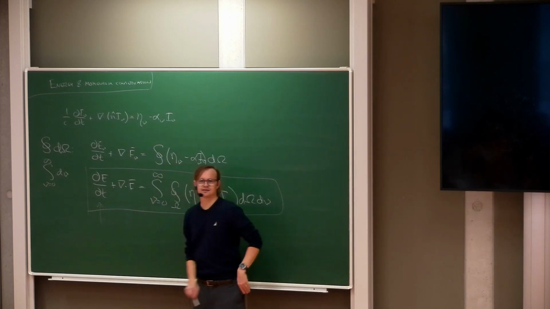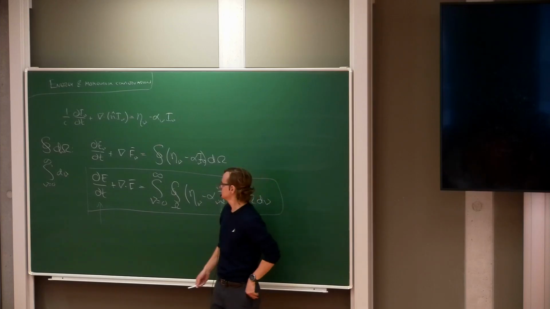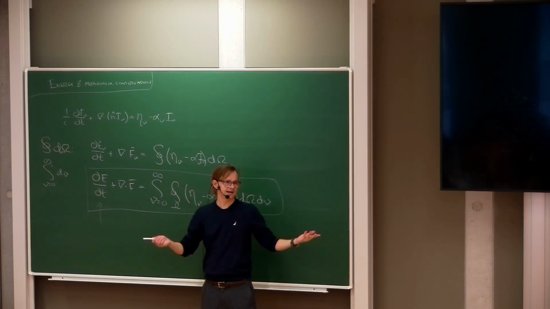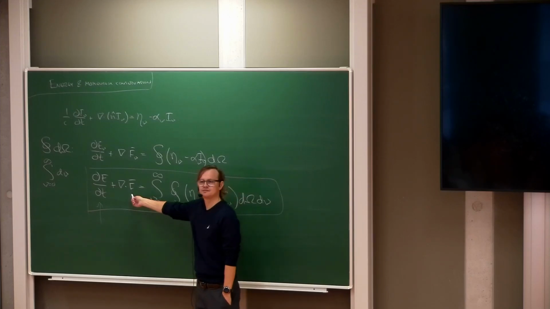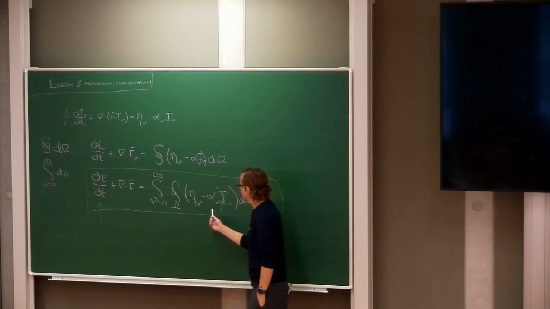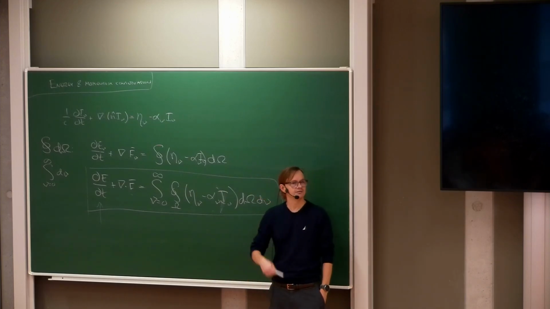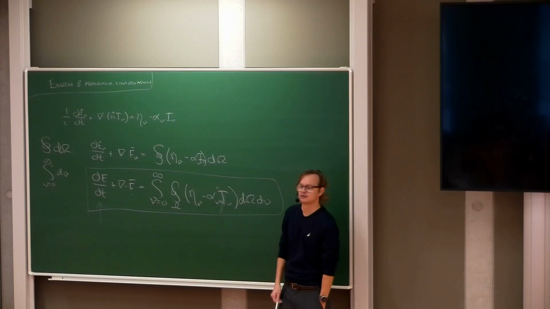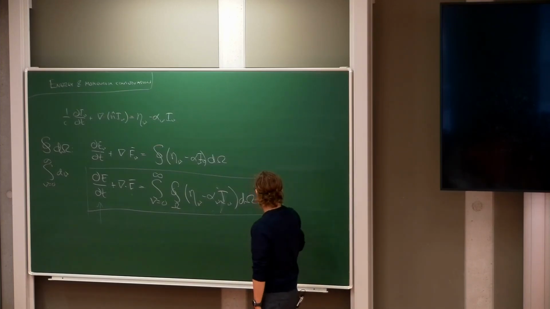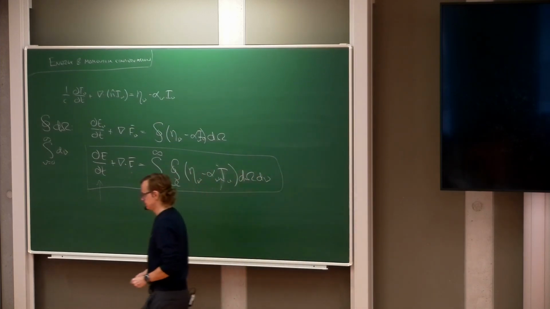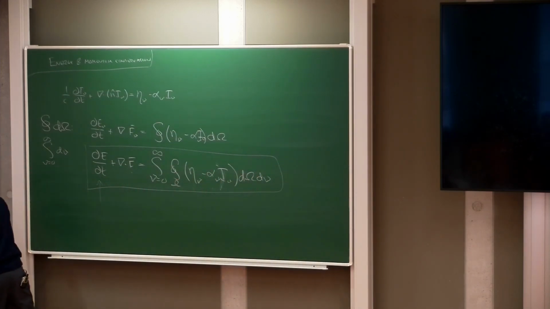Indeed, it has the form of a conservation law, where the time derivative of the quantity, the energy density, then we have the divergence of its flux, the radiative energy flux, and then on the right-hand side here, we have sources minus sinks. And that's sort of a general form here for conservation. So this describes conservation of energy for the radiation field.